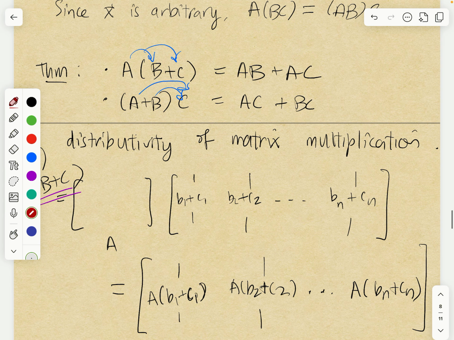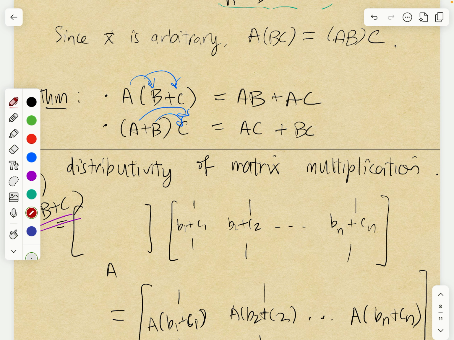But if you look at this theorem and translate it into functions, the second one is actually a general fact about functions.